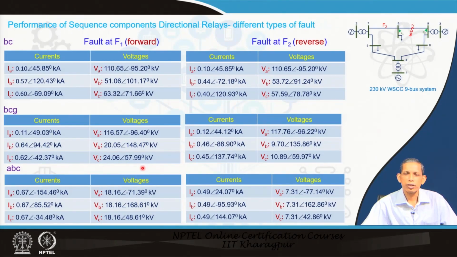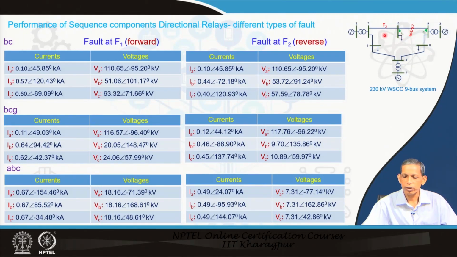Now, throughout these discussions of the positive, negative and zero sequence relays, we discussed only line to ground fault, AG type fault. Going beyond that, for all other categories of fault, line to line, double line to ground and 3 phase fault, BC, BCG and ABC, we have a set of measurements for fault at F1 and fault at F2, the reverse fault for the corresponding relay R1.